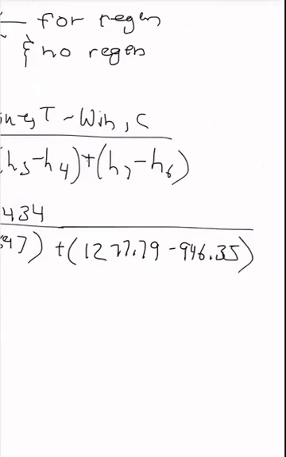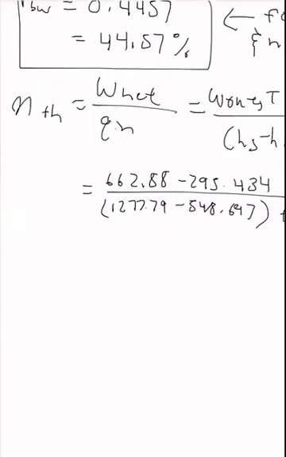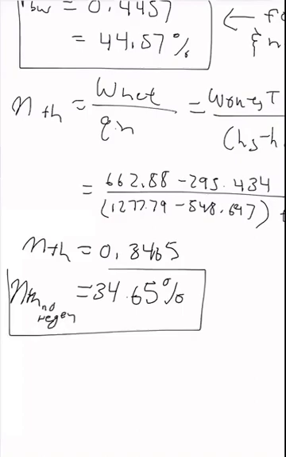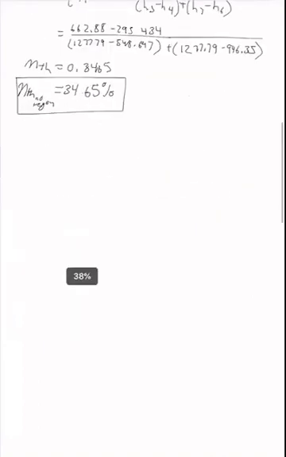All right, so then that's going to give us an efficiency of 0.3465 or 34.65% for no regeneration thermal efficiency. All right, so for the last part of the problem, we need to find the thermal efficiency with 75% effectiveness.